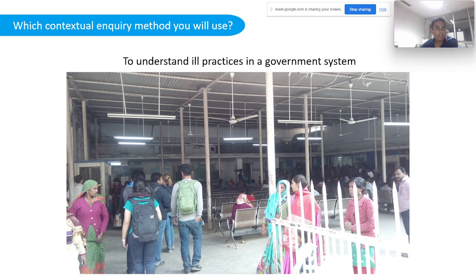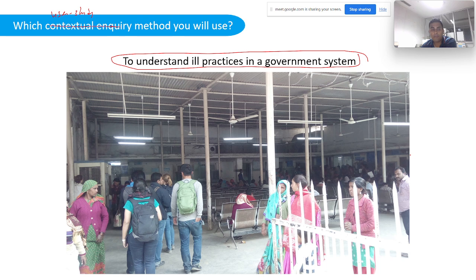This is again another example of which user study method you will use. So you need to understand the ill practices in a government system. Imagine you need to go inside a hospital setting and try to understand what the ill practices are there. Now imagine this is a place which is unknown to you and the language is also alien to you.